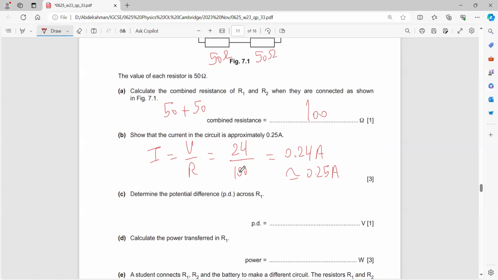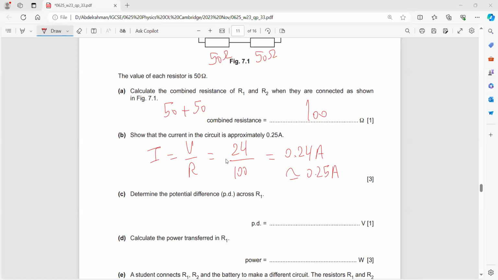Calculate the potential difference across resistance R1. How can I find the potential difference across R1? V equals IR, so 50 times 0.25.